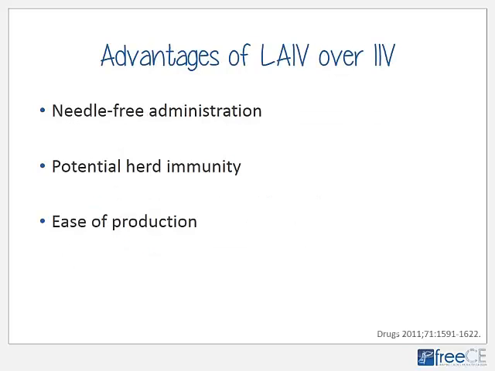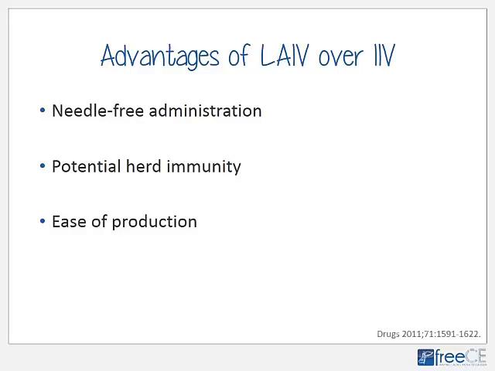So the last slide is just advantages of the live attenuated influenza vaccine product over our inactivated viral product. It is a needle-free administration, there is the potential for herd immunity, and there is the ease of production associated with it. Although we do have some changes that have come to our inactivated vaccine product that may potentially get rid of some of those advantages, really just the ease of production advantage.